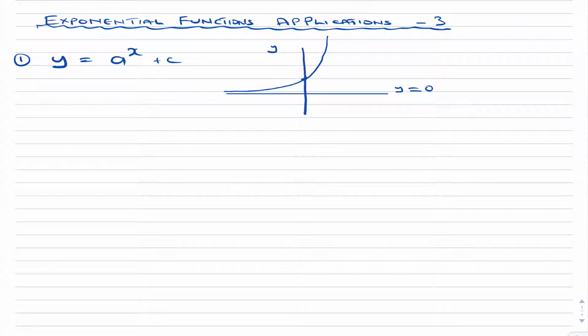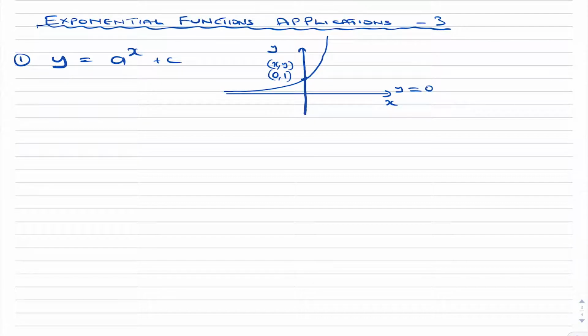So that's your y, and that's your x. And that'll be 0, 1, which is x comma y. You know how to find it by putting x equals 0, and y will be 1, because a to the power of 0 is 1. So that's the positive one.